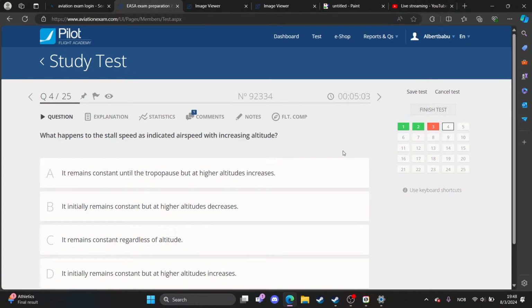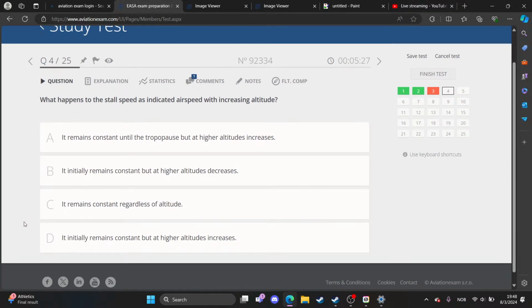Next one. What happens to the stall speed as indicated airspeed with increasing altitude? Increasing altitude, reduced density, which means speed must increase.